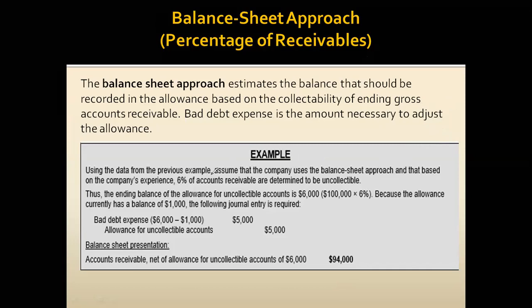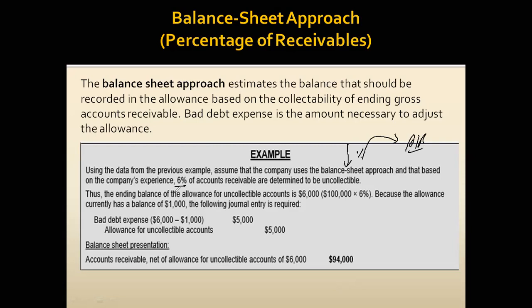Using the data from the previous example, assume that the company uses the balance sheet approach, where we apply the percentage on accounts receivable. Based on the company's experience, 6% of accounts receivable are determined to be uncollectible.